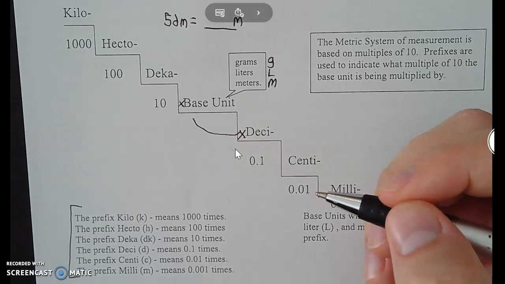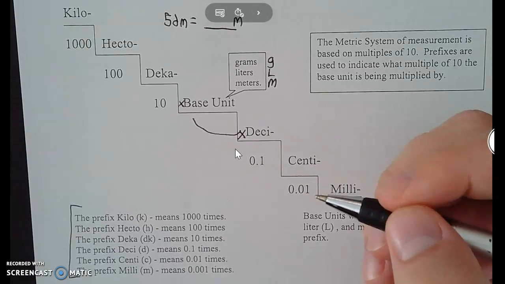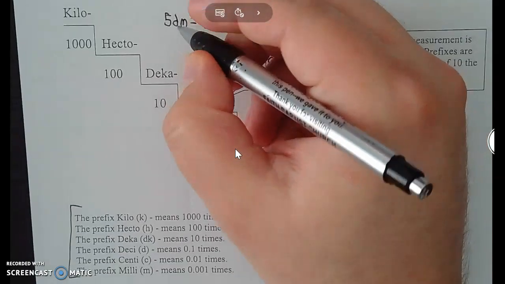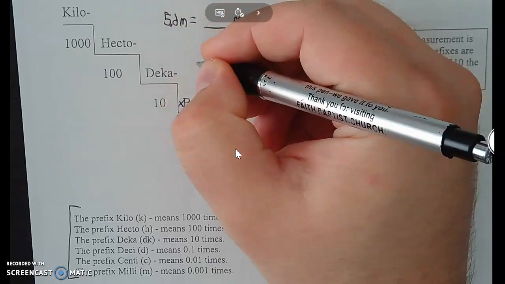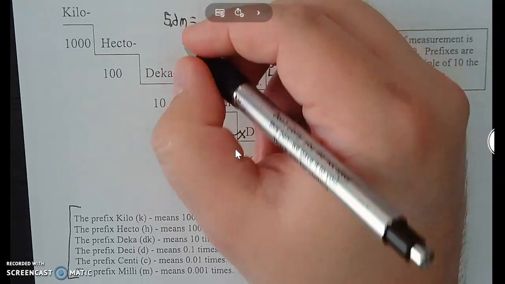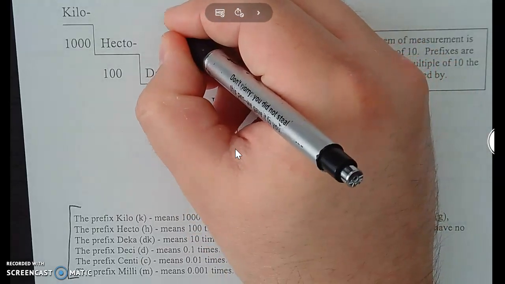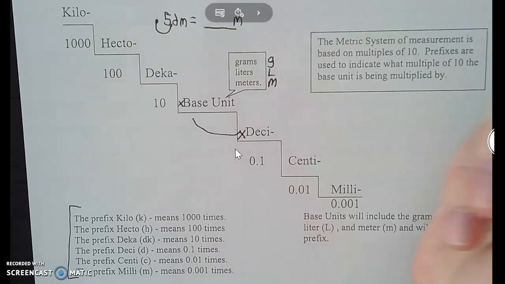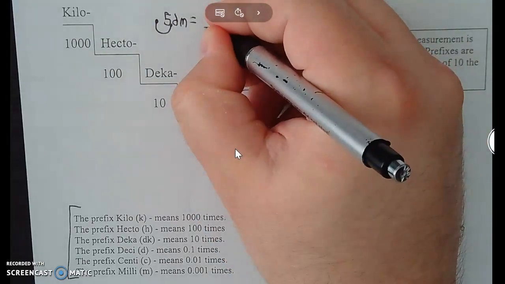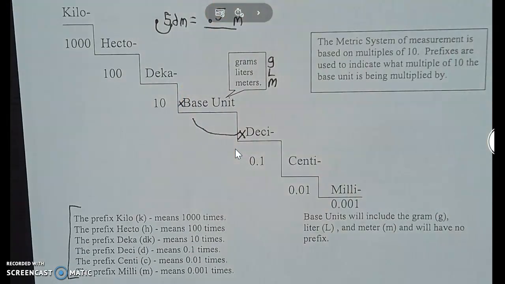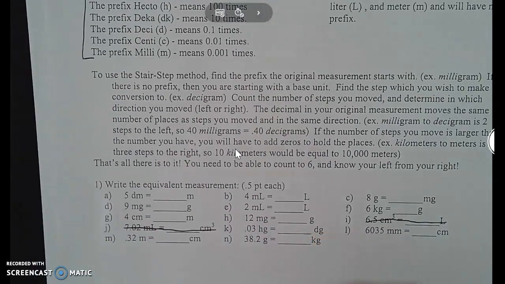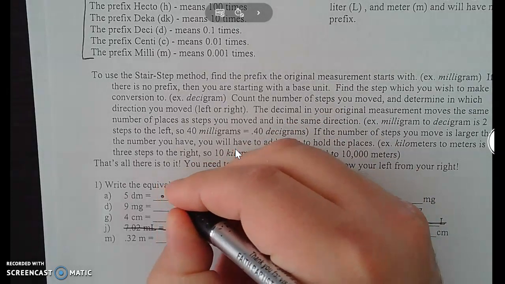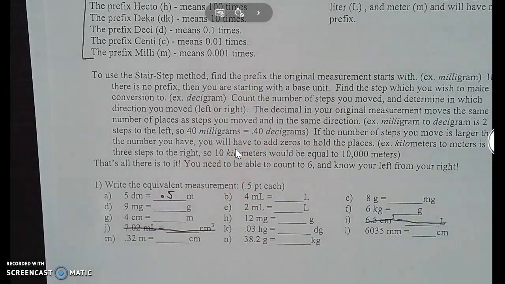So all I do is move my decimal one step to the left. There's no decimal here, so as always when you're working with numbers, your decimal will go on the far right. If it's already placed, then you just move it from where it already is, but if it's not placed, you place it on the far right. I'm going to move it one to the left, and I'm going to write my answer, 0.5 meters. Okay, so down here, 5 decimeters will be 0.5 meters.